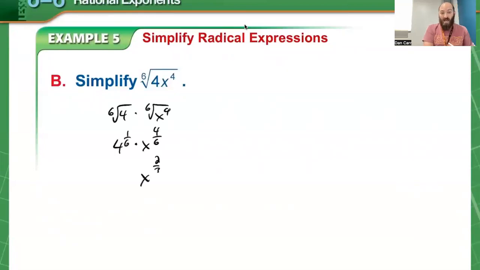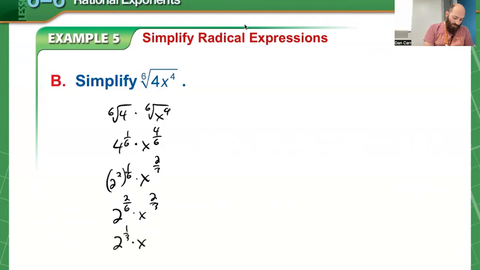With 4 to the 1/6, I am not going to have the same exponent here, but I could write it as 2 squared to the 1/6, which means that's going to be 2 to the 2/6 power times x to the 2/3 power. That will turn into 2 to the 1/3 times x to the 2/3.